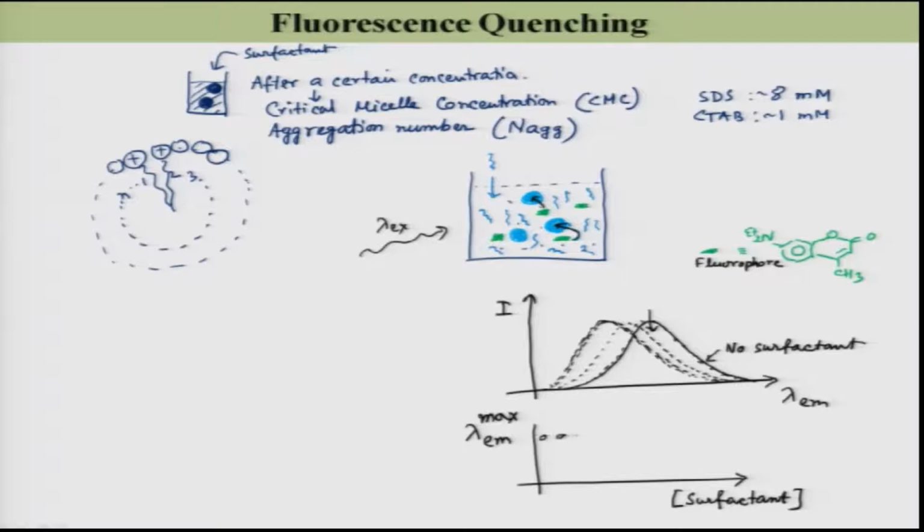So, you will get such a thing, and once there is a formation of these micelles, this value will decrease, and then it will again be constant. So, from here what you can get, the midpoint is nothing but the value of this CMC.